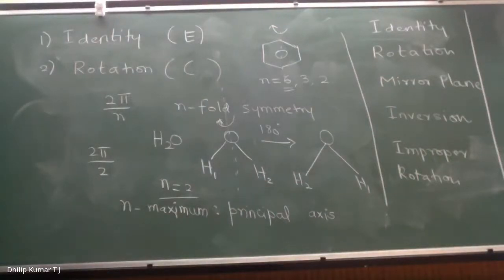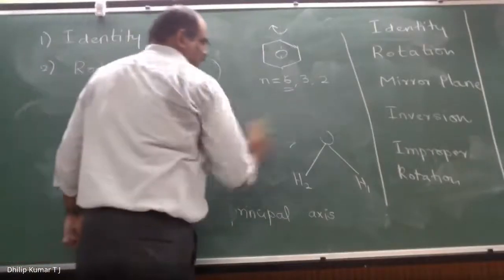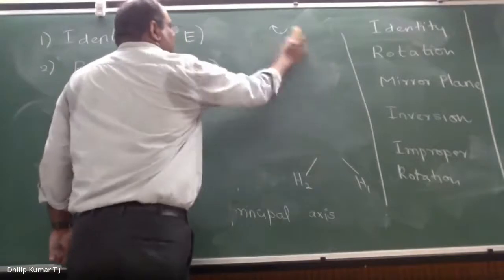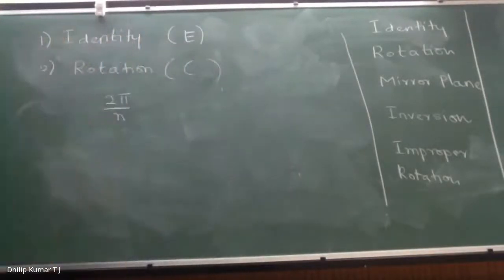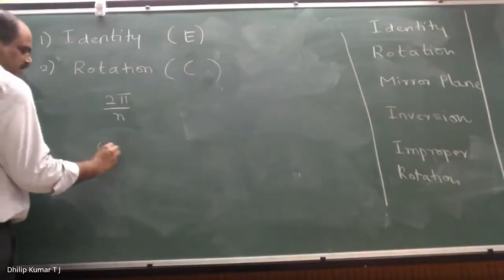So can you tell me for the ammonia molecule what will be the axis of rotation? C3. C3. 3. Okay. Good. So to represent that, we use the symbol Cn.